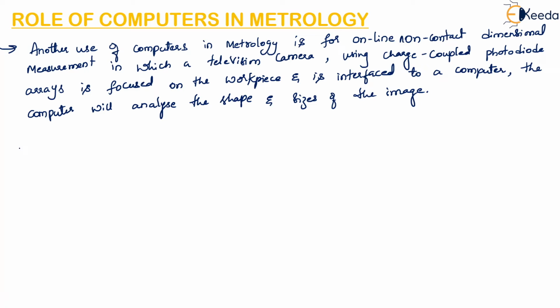Now we are going to discuss the uses of these computers in the field of metrology. Computers can be used for controlling the function of a piece of measuring equipment, for which the movements of the measuring instrument or the machine have to be motorized.